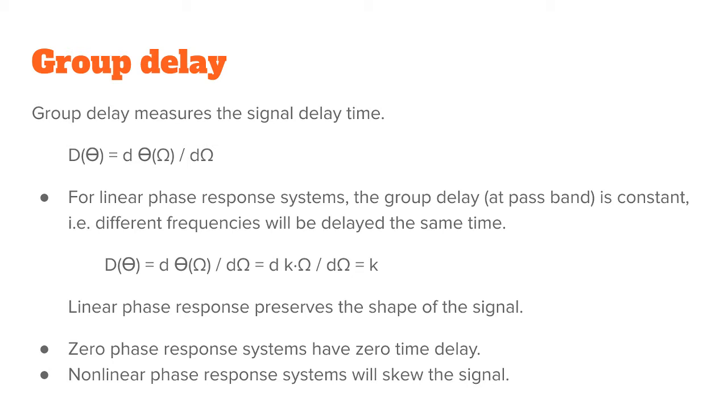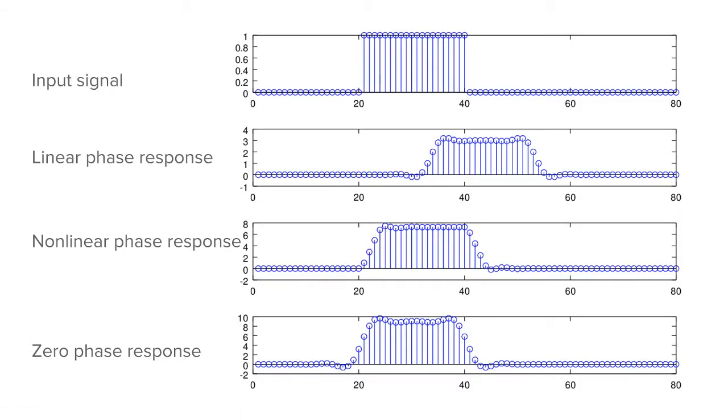On zero phase response, it has zero time delay, meaning that, okay, group delay is zero. A non-linear phase response system will skew the signal, okay, but anyways, then you would have a, say, varying group delay. And group delay gives basically the time delay of the signal on different frequencies. I think I have some pictures of it. Okay, yeah.